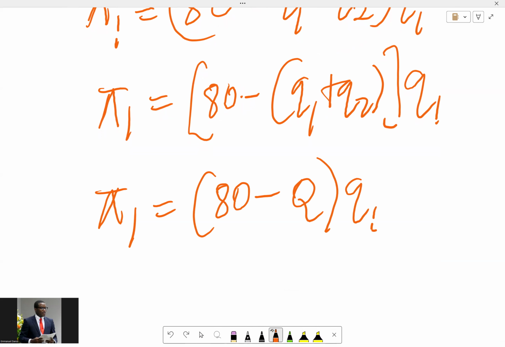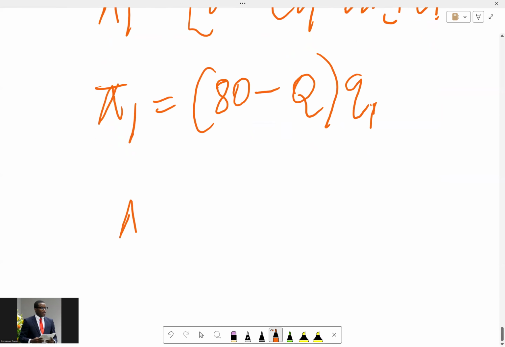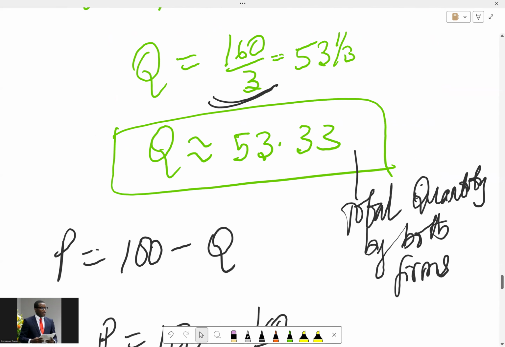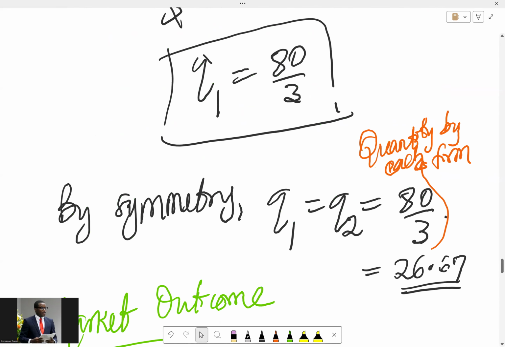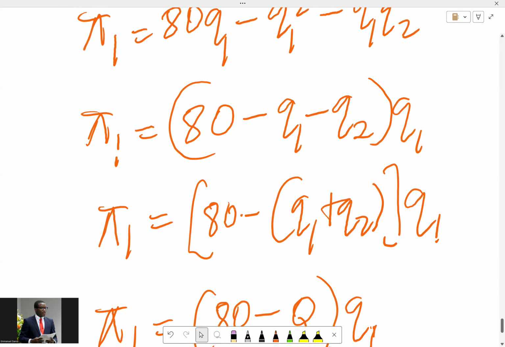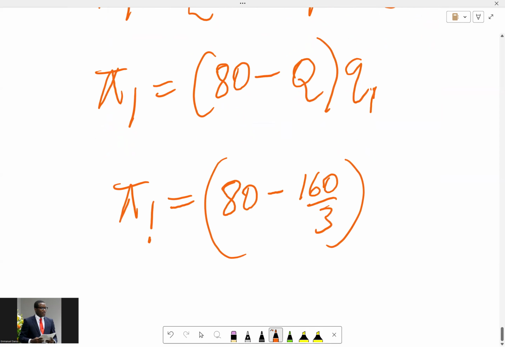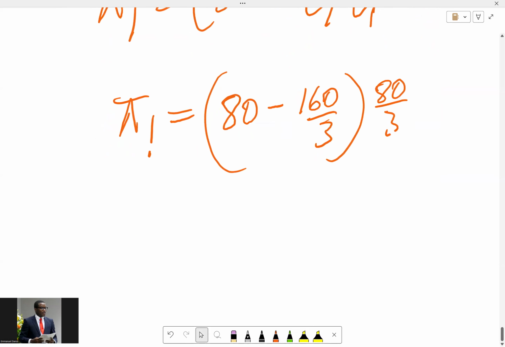We have all this ready. So the profit for firm 1 will be 80 minus, what is Q1? Big Q is 160 over 3, and Q1 is 80 over 3, basically. So how do we do this?